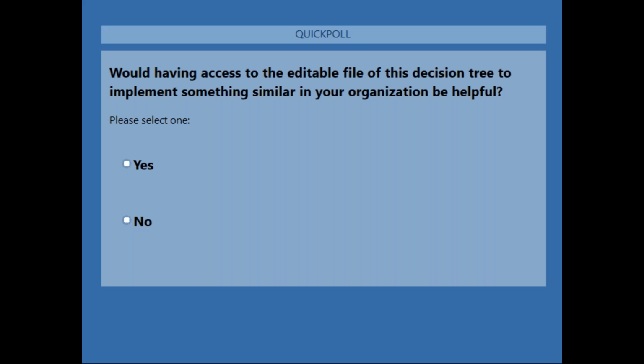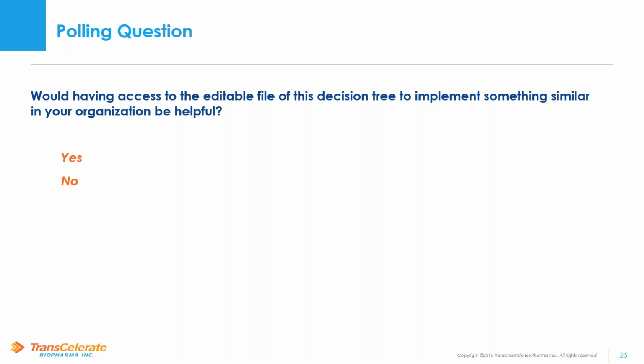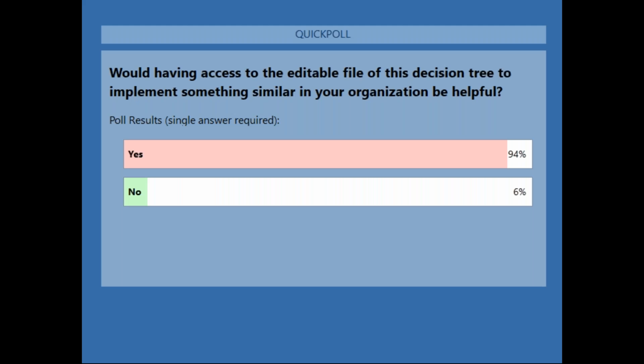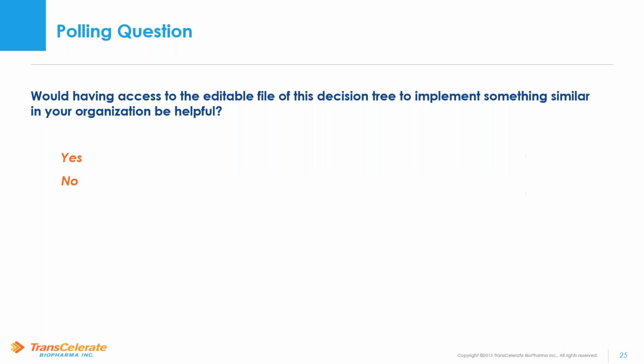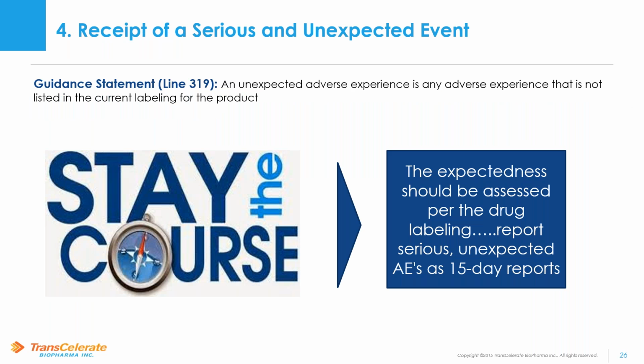All right. Looks like we've got about 60% of the folks on the phone voted, so thank you very much, and I'll share the results. So it looks like 94% said yes, they would find an editable version of the decision tree helpful. All right. And moving on to Carol Ann.